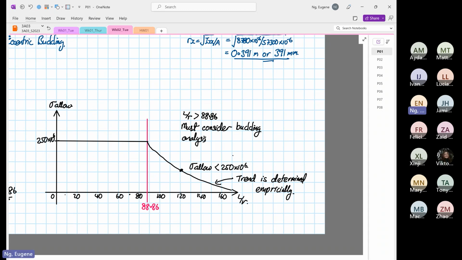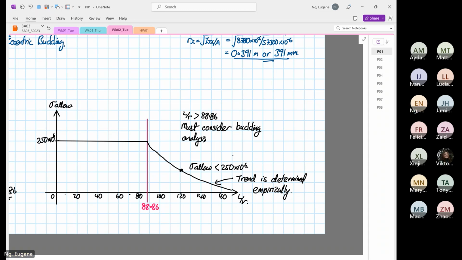Empirically means it's done by doing experimental work. We only know that it's not going to be 250 times 10 to the power 6. We know that it's going to be less than that. How to know that value? We have to determine experimentally. And there's a material handbook that I will show you that has this value.